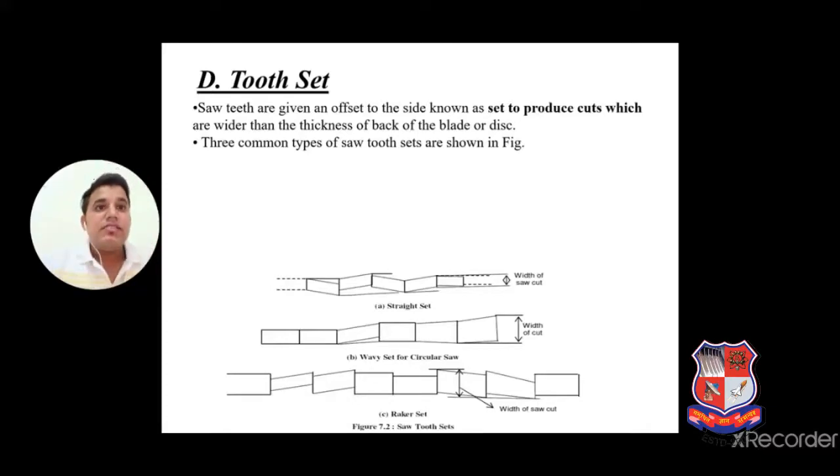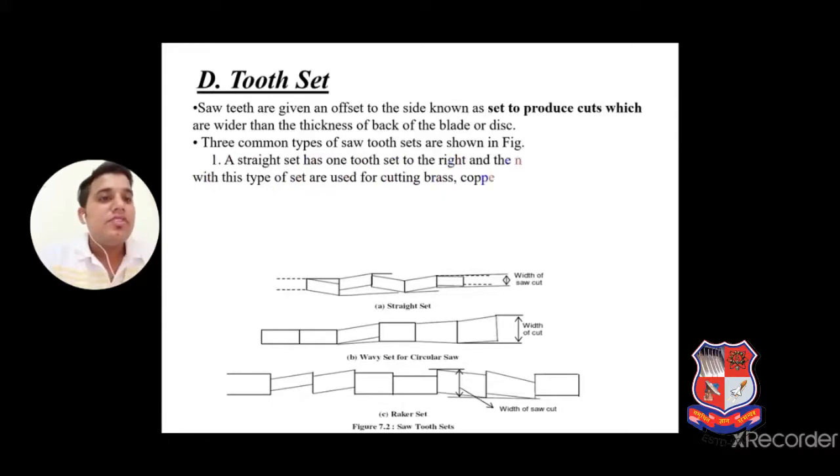Basically we have to learn that teeth are given an offset to the side, known as a set, to produce a cut which is wider than the thickness of the back of the blade or disc. Here 3 common types of saw teeth are shown in the diagram, and each has some importance.